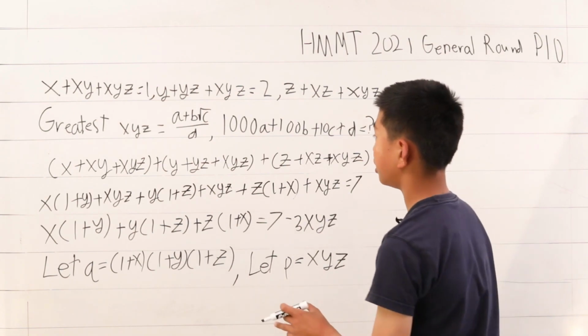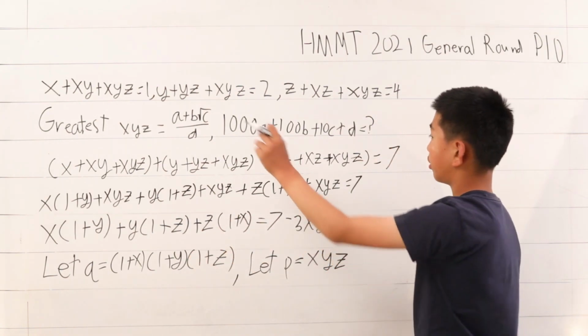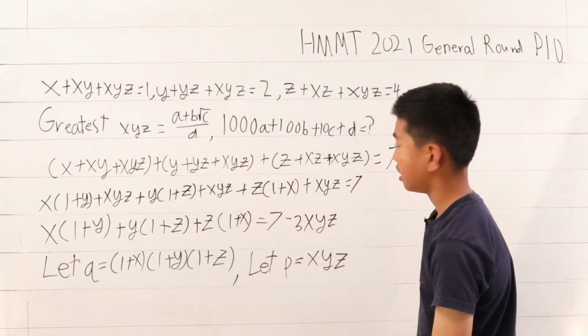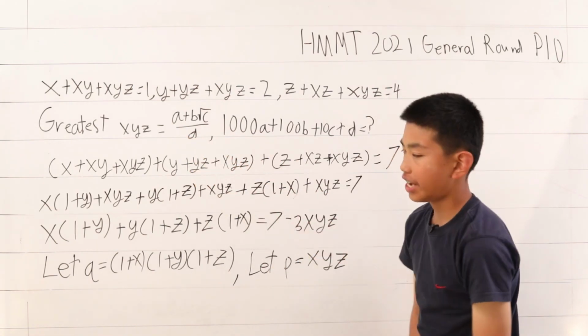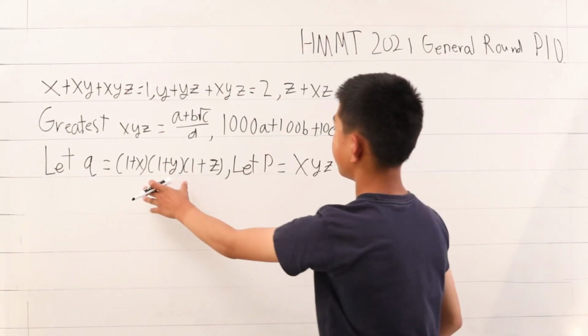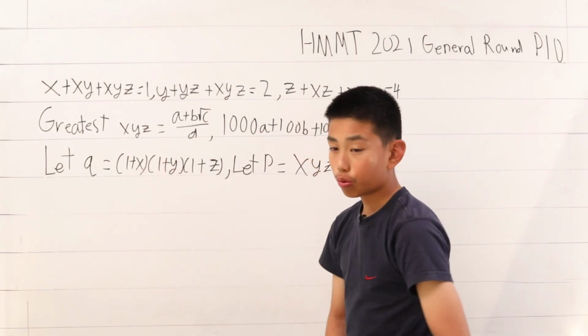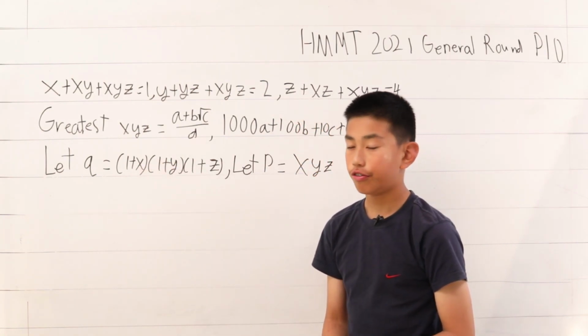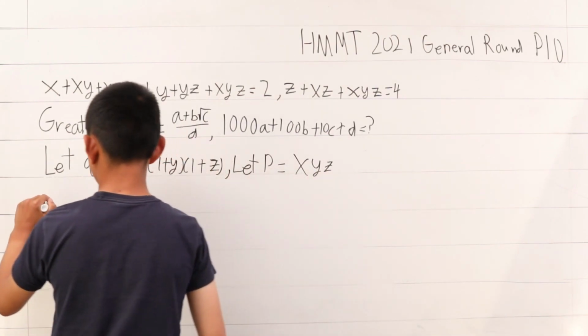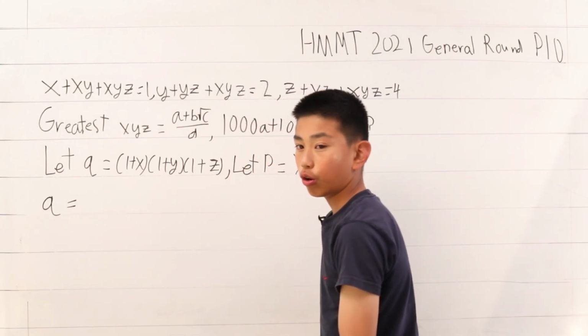Now what we can do is multiply this out, find the value of q, find the greatest xyz, and eventually find our answer. This q value is still in parentheses, so we can multiply it out.